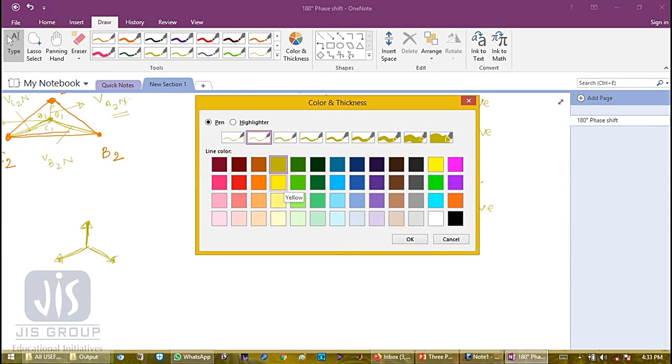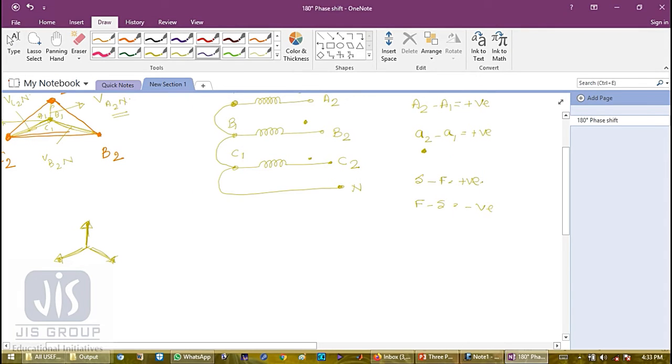Now I will draw the secondary phasor. A 180-degree phase shift means it will be somewhere here. Similarly for this phase it is somewhere here, and for this phase it is somewhere here.